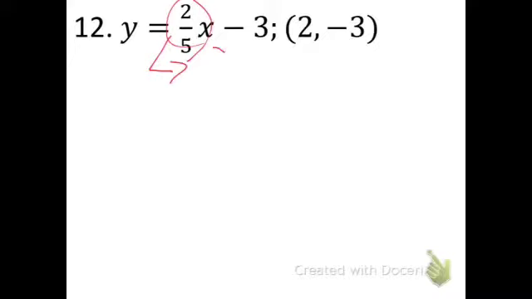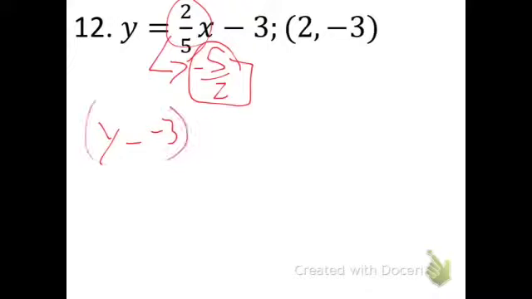Moving on to 12, we start out at 2/5. We're going to flip it upside down and change the sign. We're looking at negative 5/2 for our slope. We're going to use that and our point there, 2, negative 3. So y minus the y coordinate equals negative 5/2 times x minus the 2, the x coordinate there.